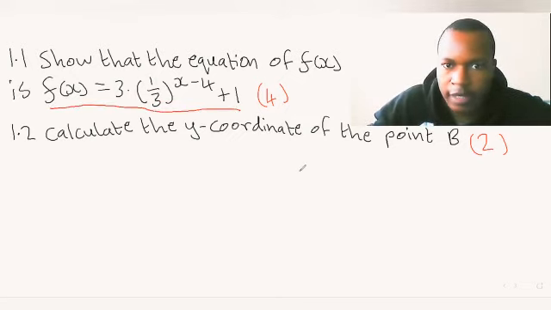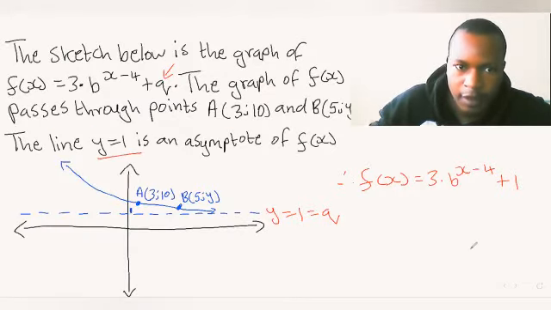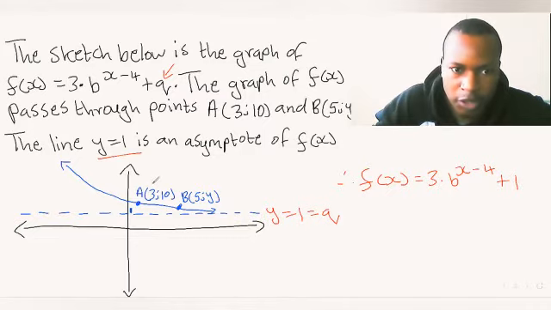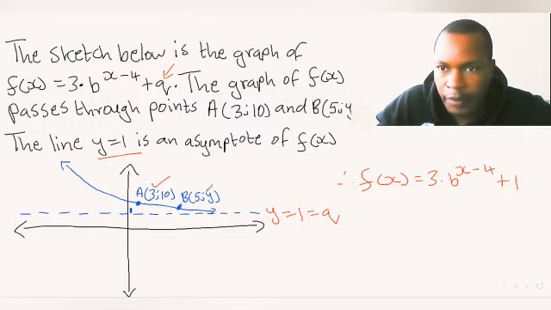So we are required to find the equation. For us to do so, we would need to make use of the points on the graph. So now the points on the graph would be A as well as B. But for this case, we can only use A since B is somewhat unknown, or rather the y coordinate of B would be unknown.